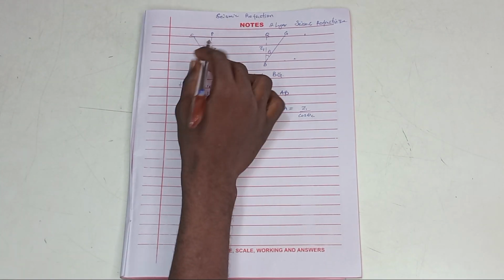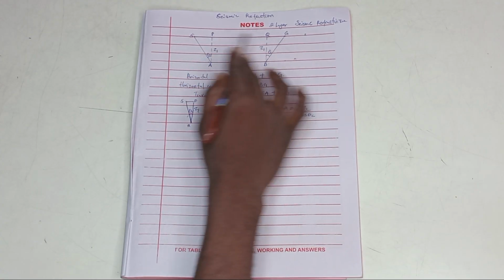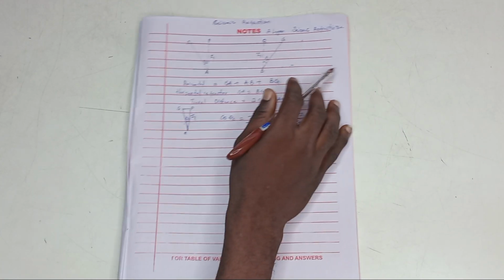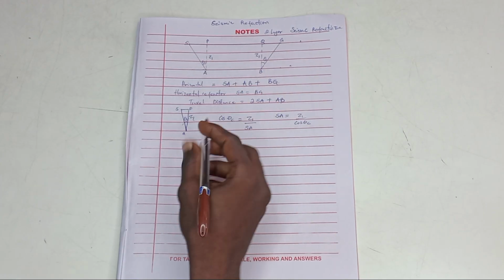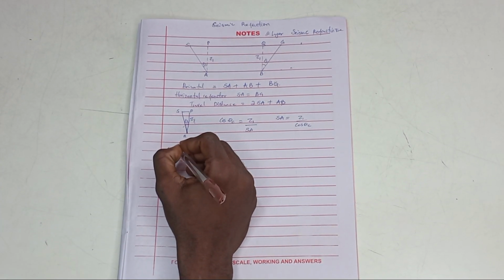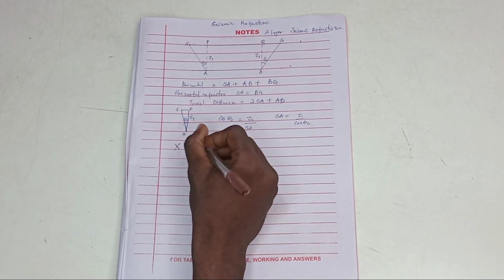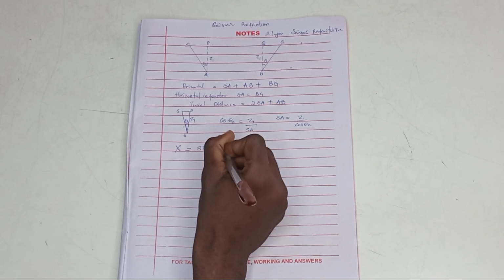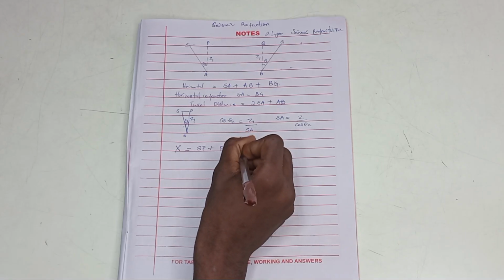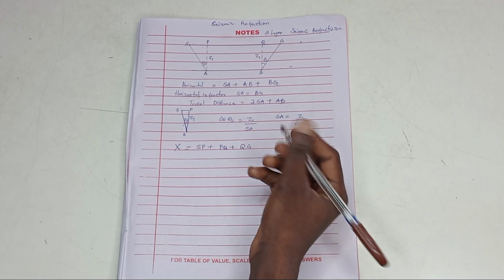Good. So we want a way to represent AB also. That will make us consider the direct arrival movement, which is this movement here, where we let the total distance be equal to x, which is equal to SP plus PQ plus QG.